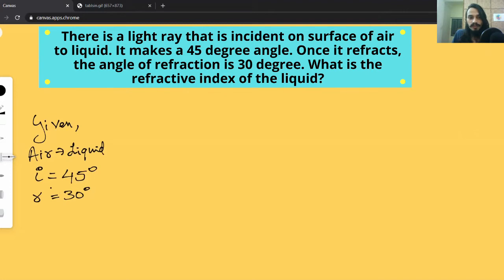If you look at these two values, you can tell that the angle is reducing. It goes from 45 to 30. That tells me this is moving from a rare medium to a dense medium, which is generally the case when it goes from air to anything, because air is a really rare medium, only second to vacuum.